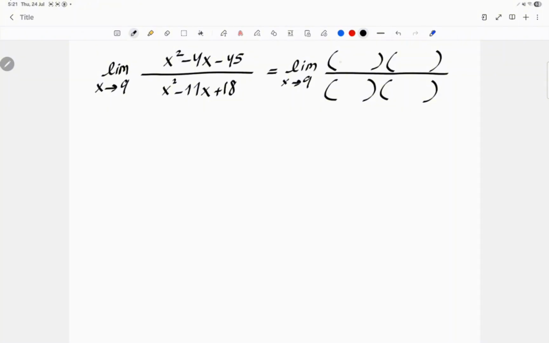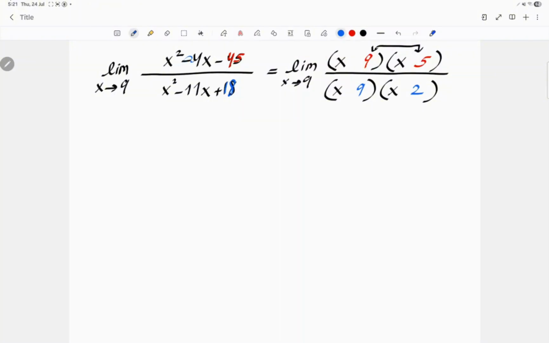So we're going to have x here, x here, x here, x here. Yes. That 45 is made of 9 times 5. Yes. That 18 is made of 9 times 2. How about the signs? If you do 9 minus 5, you get 4.